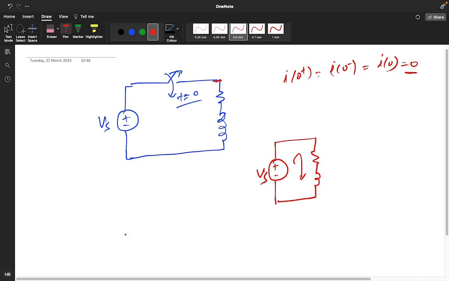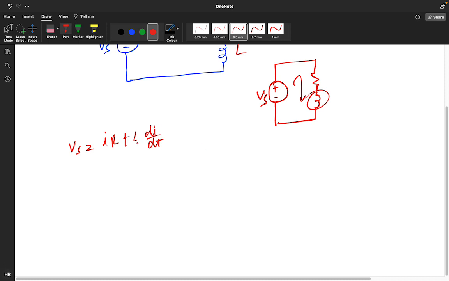What is the equation of V of S? This is R, this is L. So V of S equals I into R plus the voltage across the inductor, L di by dt.